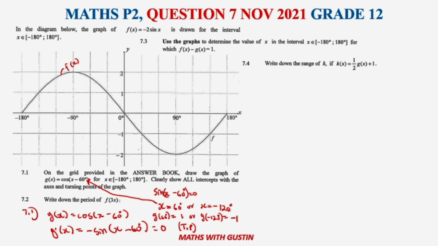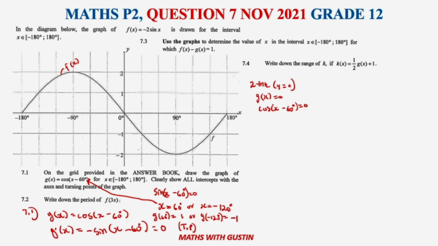Now we need to find the x-intercepts. We get the x-intercept when y is equal to 0. So we can see already that g(x) should be equal to 0. Therefore, we have cos(x - 60) = 0, and we need to solve for the two values of x.